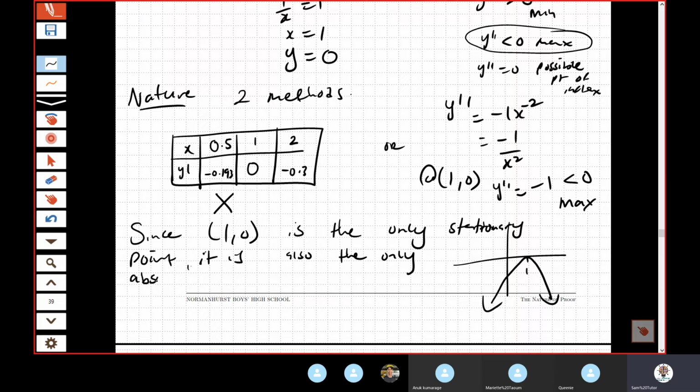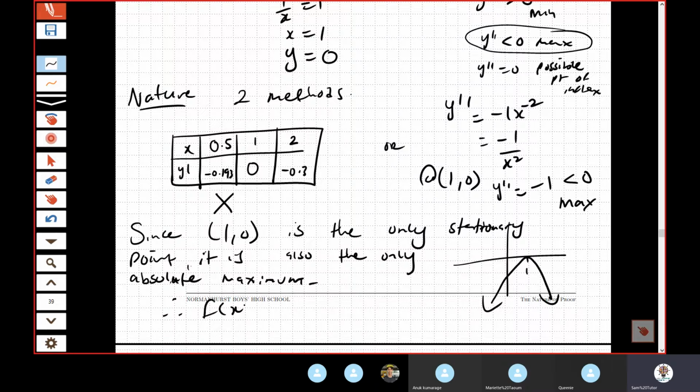I just changed it up a little bit just so you guys know. You don't have to be so strict with memorizing the sentence. It's more about the importance of the sentence. So what's the important bit? It's the only stationary point and it's the only absolute maximum that you have.